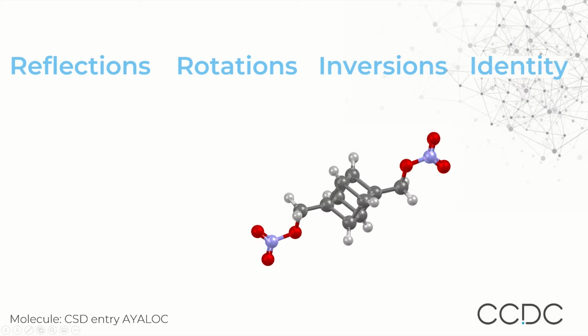Working along the line, we have the inversion operator. Mathematically, it is described as moving whatever is at the point x, y, z to minus x, minus y, minus z. This means every point is passed through the centre of the molecule and out the same distance from the centre that it started at. Try following the arrows to see it in action.